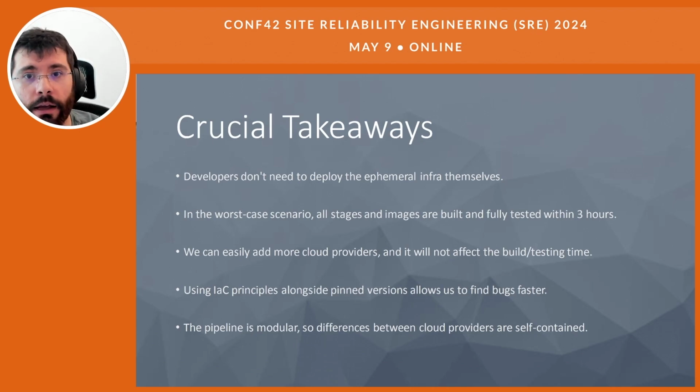Because if we change something, one proprietary Cisco version, for example, and something starts to break for some reason, we know, okay, that was working with that version, the new version is not working. So we identified what was the reason for the break. And the pipeline is modular, so the differences between the cloud providers are self-contained, so they don't affect the rest of the pipeline or outside of the components.